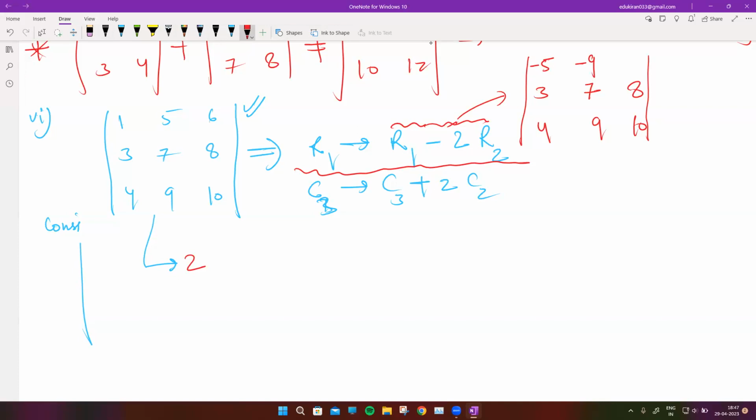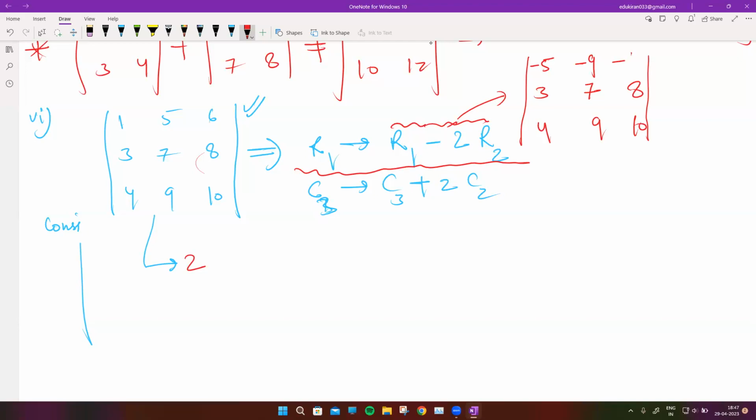Third would be 6 minus 2 into 8. Take an element from row 1 and take the corresponding element from row 2 and multiply it by minus 2 and then add them. So 6 plus minus 16, or rather 6 minus 16, which would be minus 10.